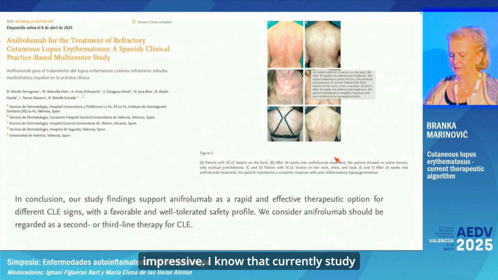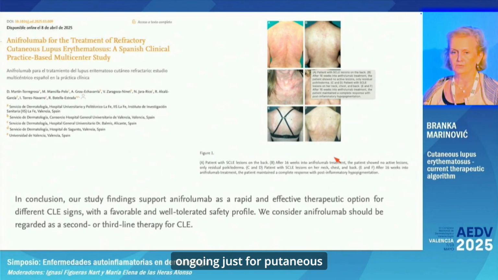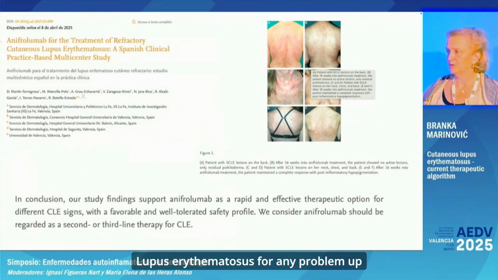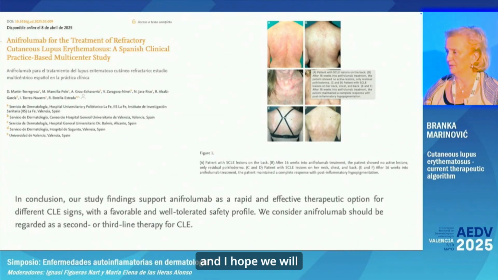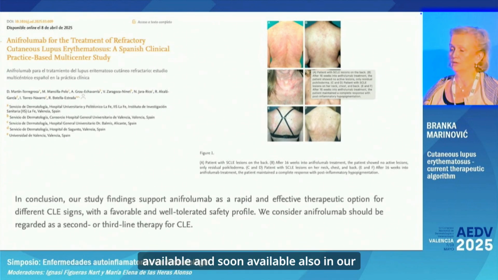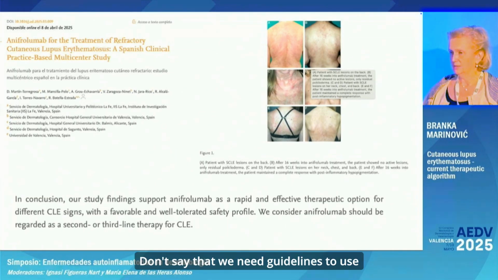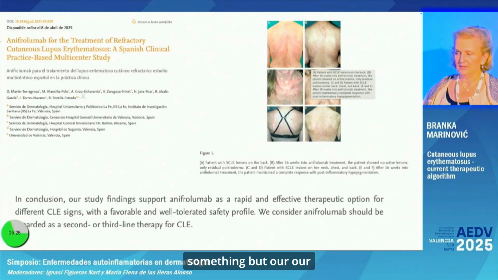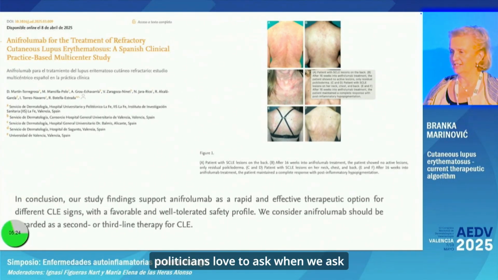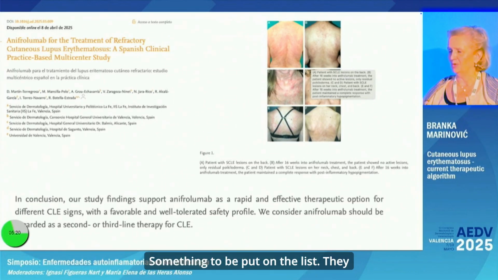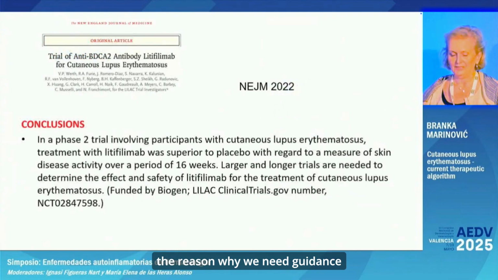I know there is currently a study ongoing just for cutaneous lupus erythematosus for anifrolumab, and I hope we will soon have this drug available, and soon also in our guidelines. I don't say that we need guidelines to use something, but our politicians love to ask, when we ask for something to be put on the list, is that in the guidelines? So that is the reason why we need guidelines.